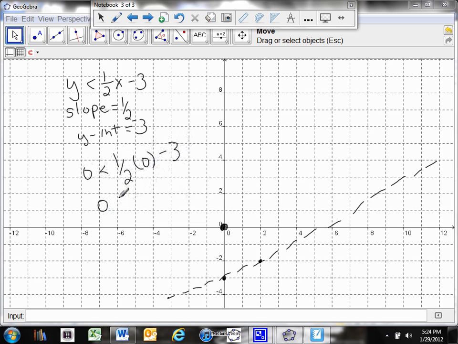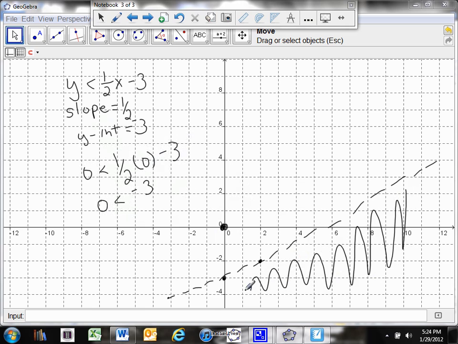So I want to know if 0 is less than -3. Well, I don't think so, not in this universe. That tells me I don't want to shade above the line, I'm going to shade below the line. And that's a picture of y is less than 1/2 x minus 3.